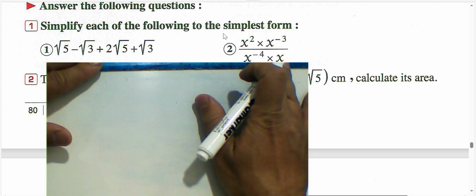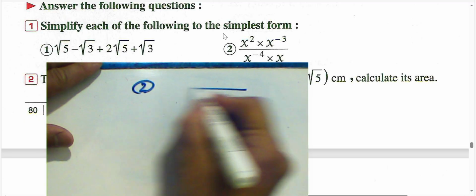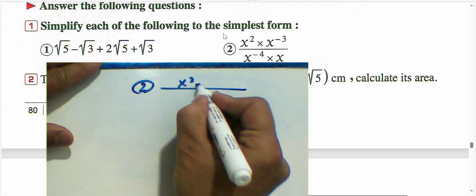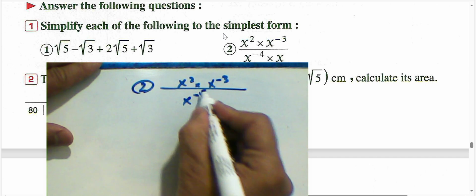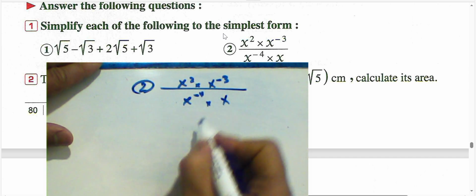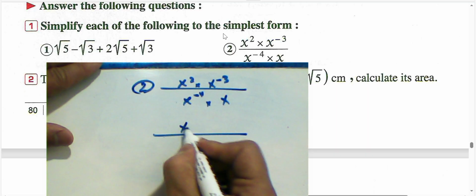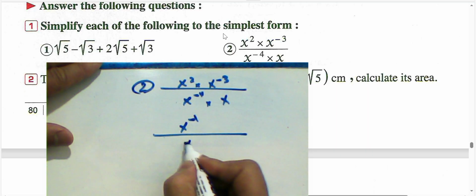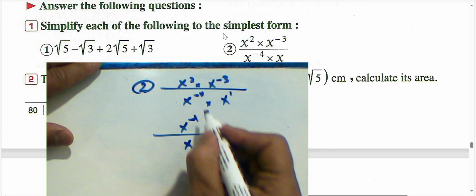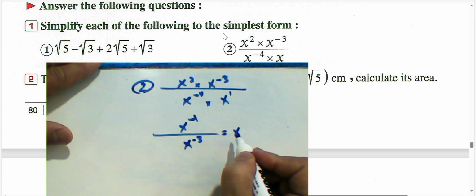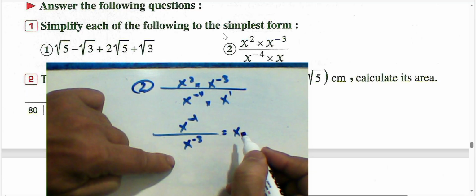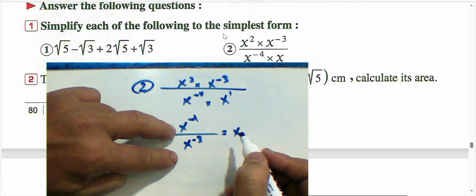Next, question number 2. We have x power 2 times x power negative 3, over x power negative 4 times x. We can simplify by adding the powers here. 2 minus 3 is negative 1. And here, negative 4 plus 1 equals negative 3. Then x power is the difference between the two powers because we have similar bases.